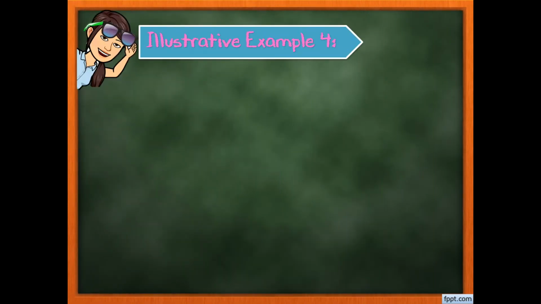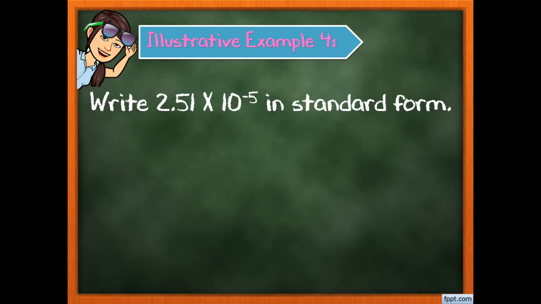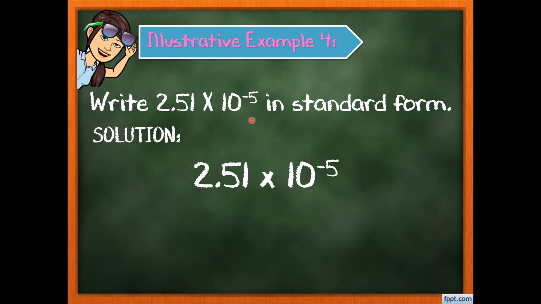Let's have another example. Example number 4. Write 2.51 times 10 to the negative 5 in standard form. So let us copy 2.51 times 10 to the negative 5. You will notice that your exponent is equal to negative 5.